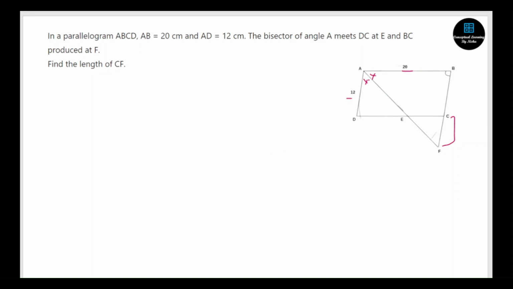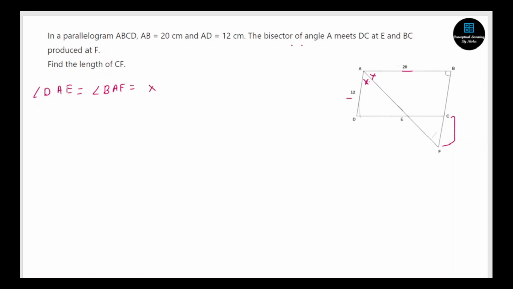Alright. Okay. Now what to do? See, these two angles are equal. Correct. Angle DAE and angle BAF. Okay, so let me write this. See, both these angles I call X. Okay, so let's say this angle DAE equals angle BAF, which is equal to X. This is given.